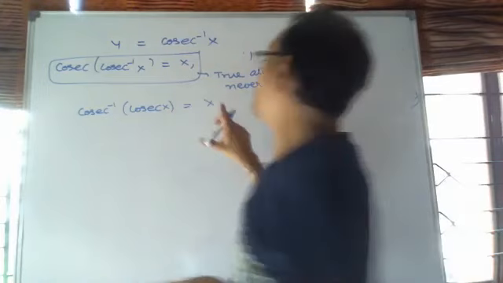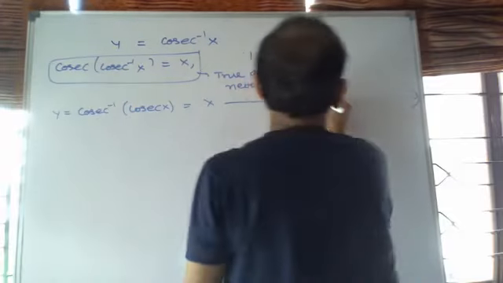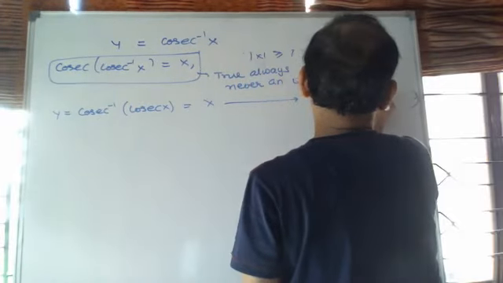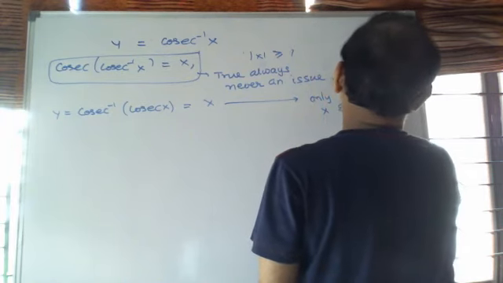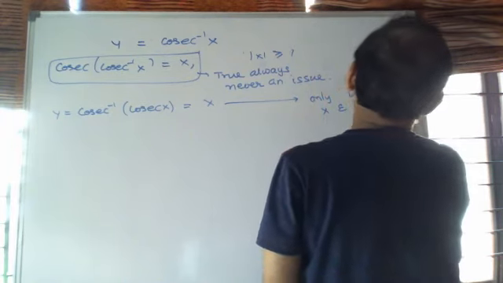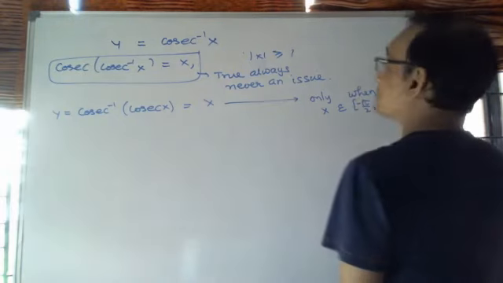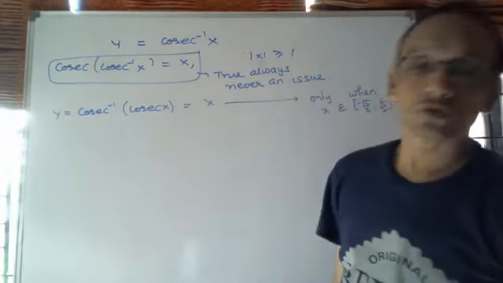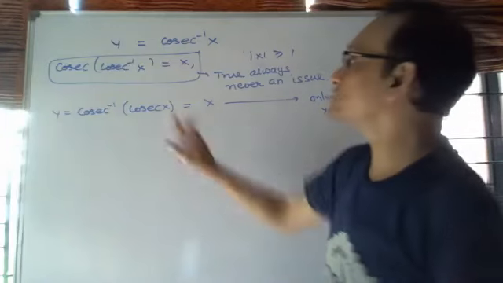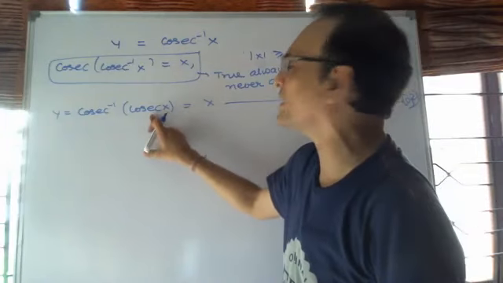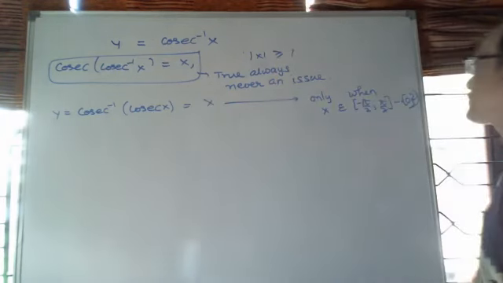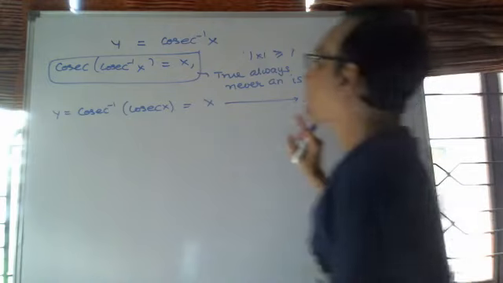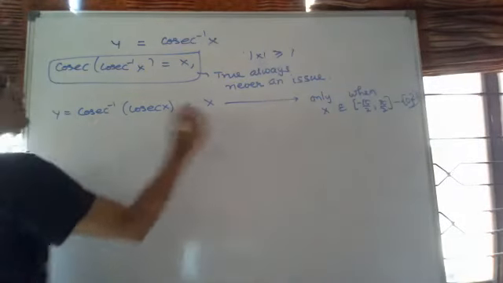So this will be x only when x belongs to minus pi by 2 to plus pi by 2 except x equal to 0. ये 0 नहीं होगा क्योंकि x equal to 0 हो जाने से क्या हो जाएगा? 1 by sin 0, वो जो undefined होगा. So cosec inverse cosec x will be x.